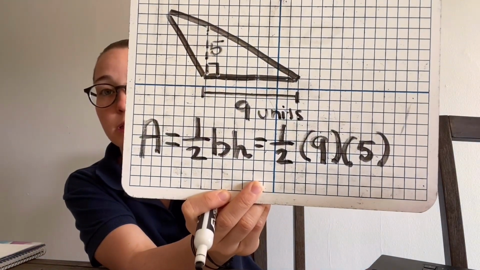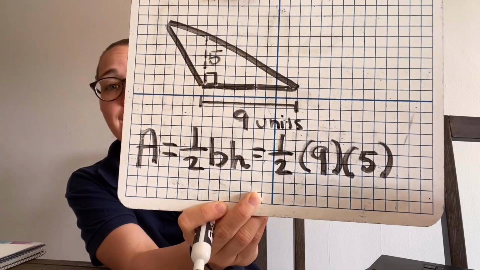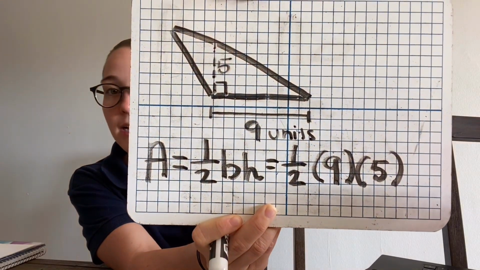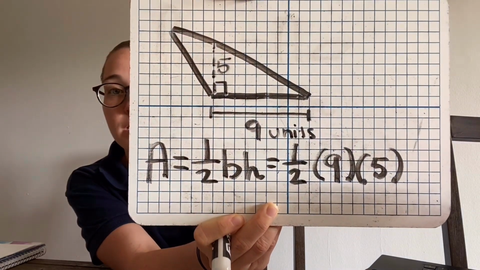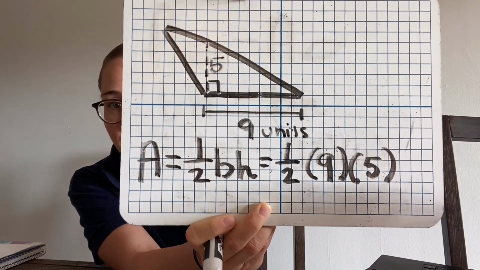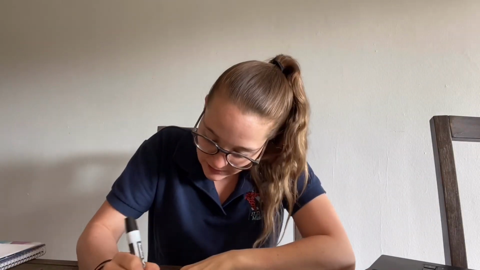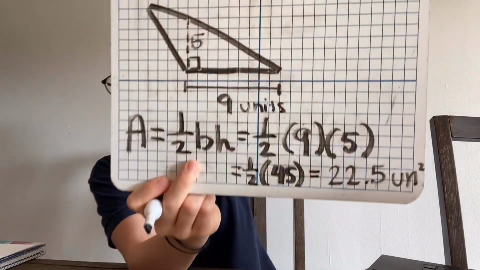Okay? Decimal or fraction alert, guys. 9 and 5 are both odd, so it's not going to be easy to take half of them. Let's go ahead and multiply the 9 and the 5 first. 9 times 5 is 45. So we're going to be finding 1/2 of 45. In which case you can go ahead and do 45 divided by 2. It's going to be 22.5 units squared.